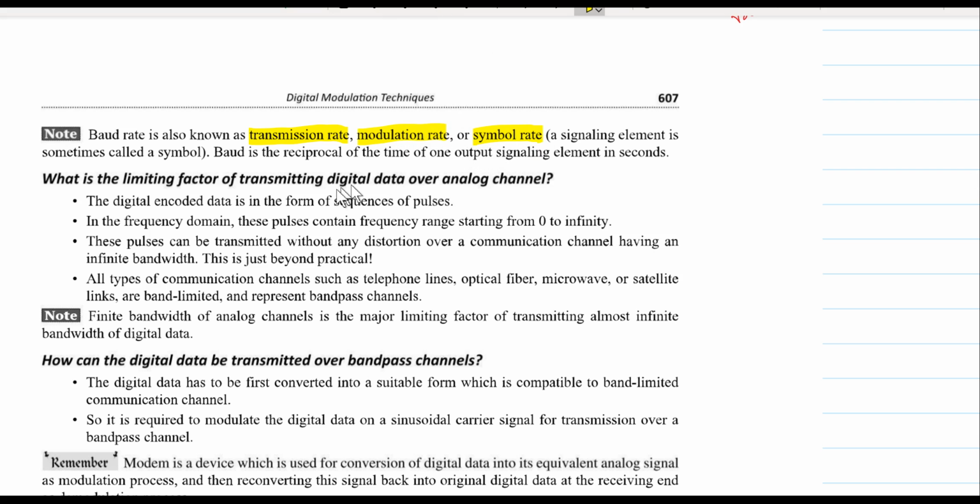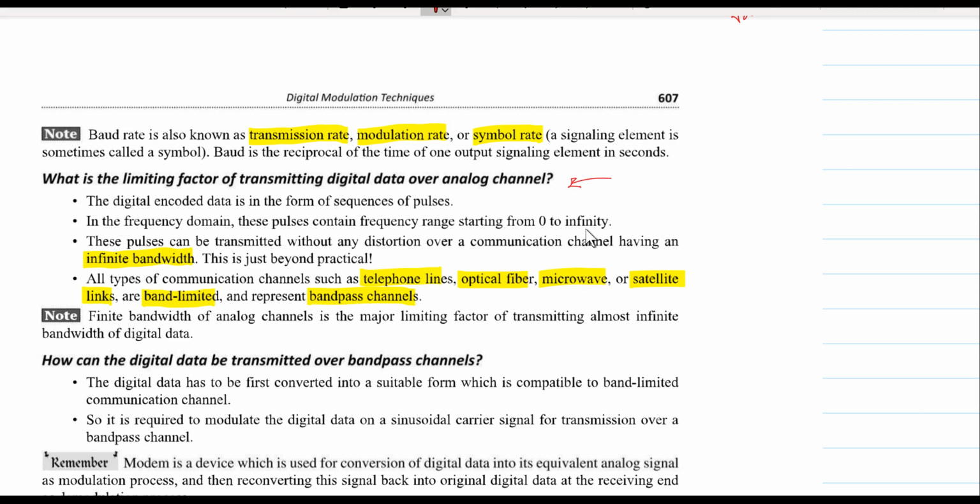The other thing that we should consider as we conclude this subsection is that there are some limiting factors of transmitting digital data over analog channel. So this is a question that we are asking ourselves: what is the limiting factor of transmitting digital data over analog channel?